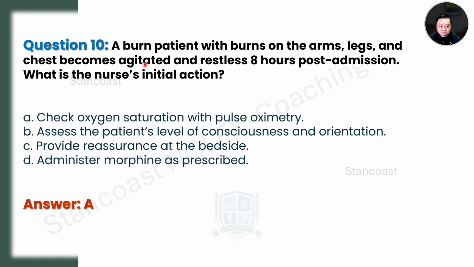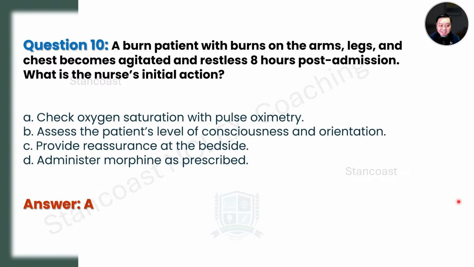So, associate that with hypoxemia, agitation, restlessness. Those are signs of low oxygen levels. So you have to check first the patient's oxygen saturation in order to determine if there is respiratory compromise.